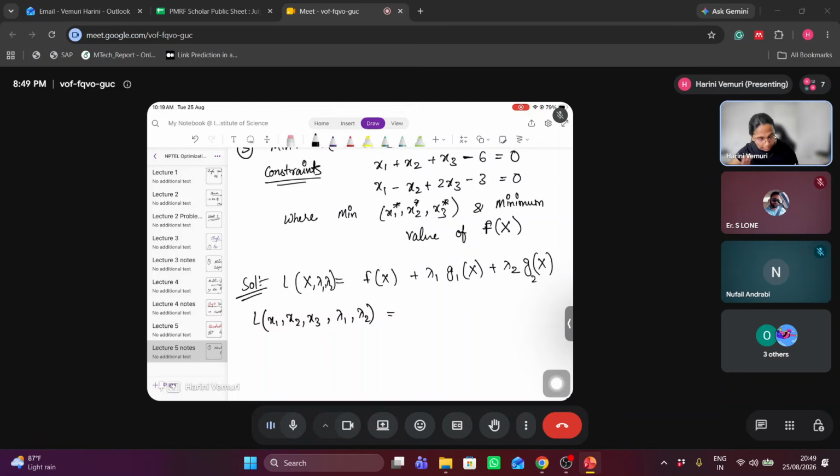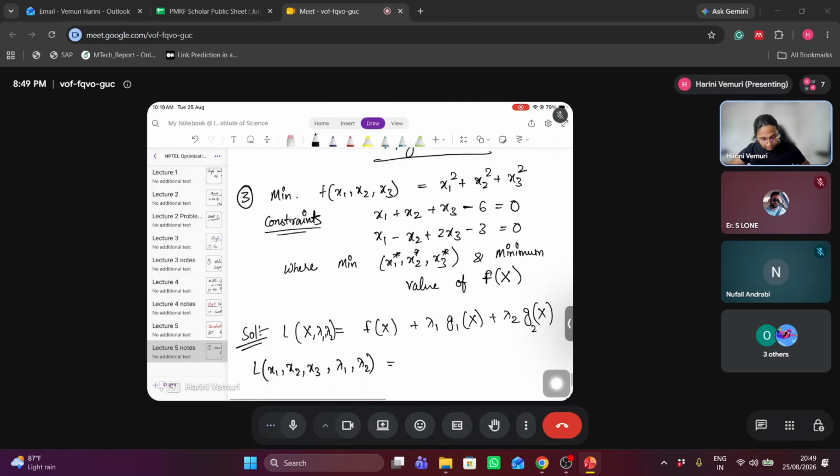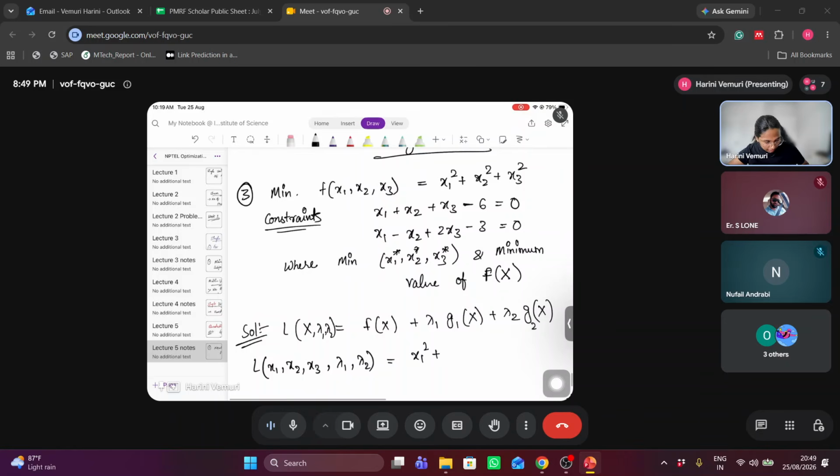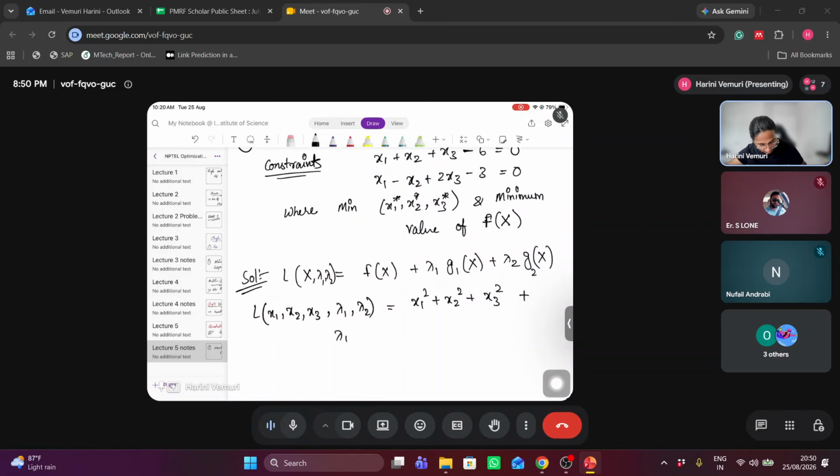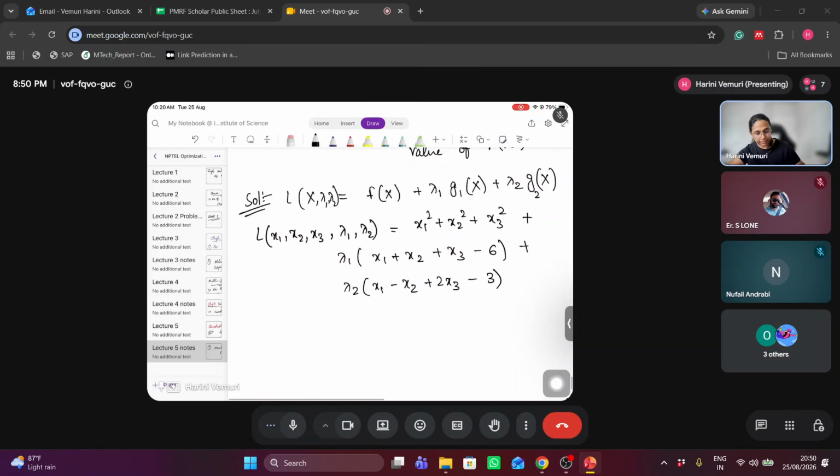These are all the variables involved, and it will be x1 square plus x2 square plus x3 square plus lambda 1 times x1 plus x2 plus x3 minus 6, which is the first constraint, plus lambda 2 times x1 minus x2 plus 2x3 minus 3. Okay, so this is our Lagrangian.